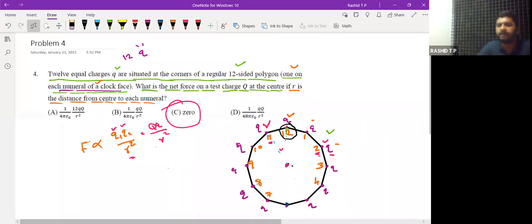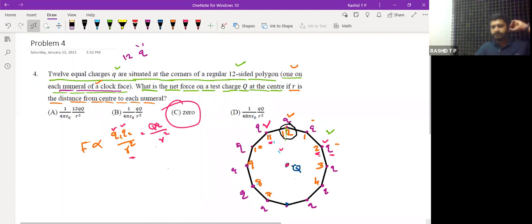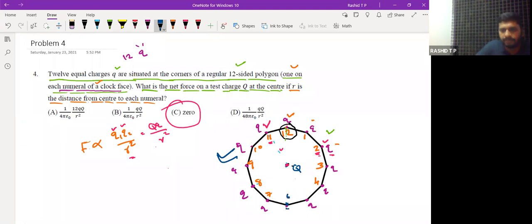Then what would be the net force on the charge placed at the center? So simple a question. Can anybody tell? I repeat the question again. There are 12 charges in the clock, and among these 12 charges, one charge placed at 6, that is this point, is removed. Then what will be the net force experienced by the charge Q?